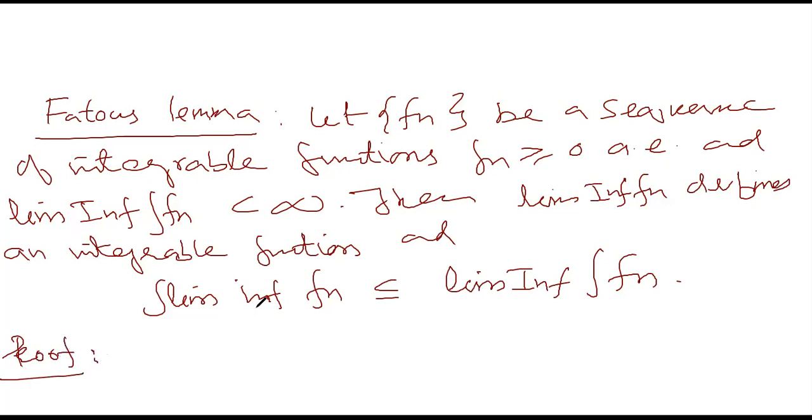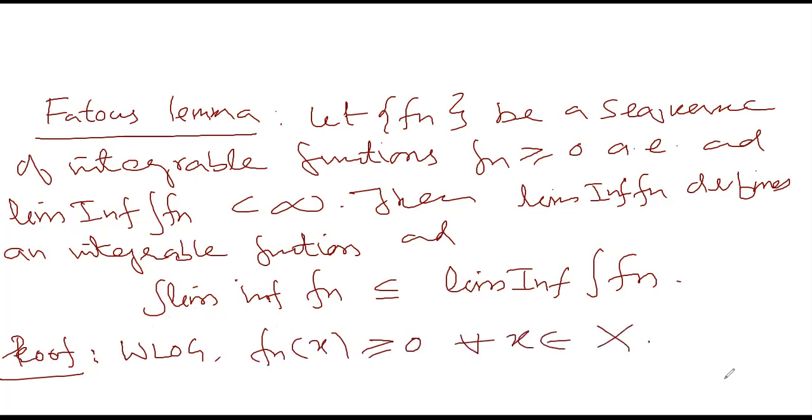Proof of this theorem: again, without loss of generality, we can assume that f_n(x) is greater than or equal to 0 for all x belonging to X. So we can remove those null sets actually. So this is true for each x and for each n.